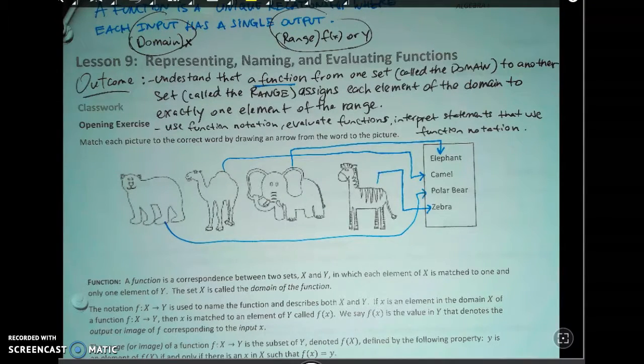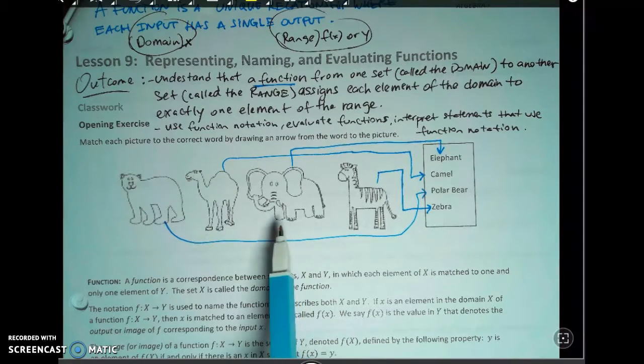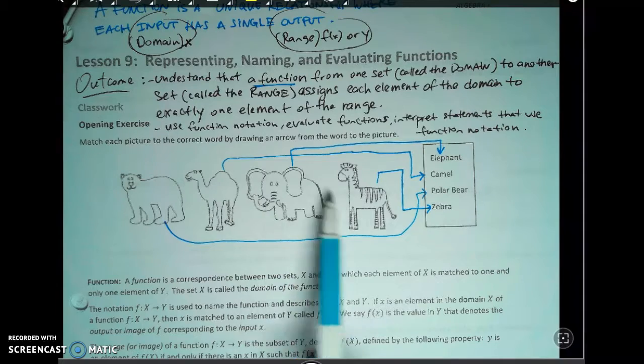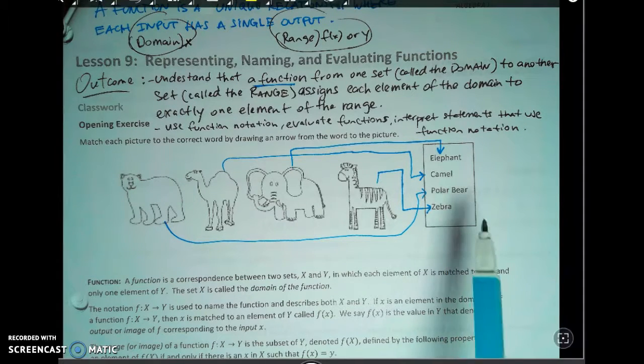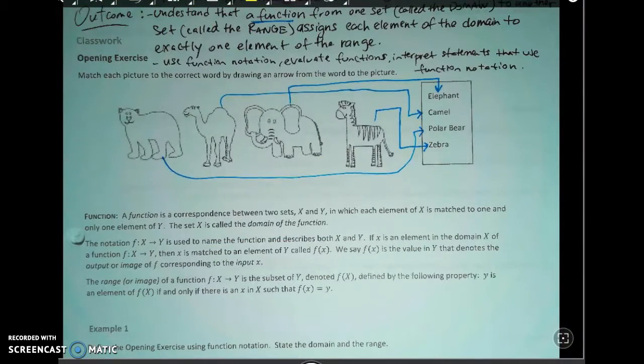So even with a simple exercise like this, we can begin building this concept of function, okay, where there must be a set of inputs, the pictures, let's call that domain, or the x values, and they can be paired with a set of outputs, or the range, according to some criteria.